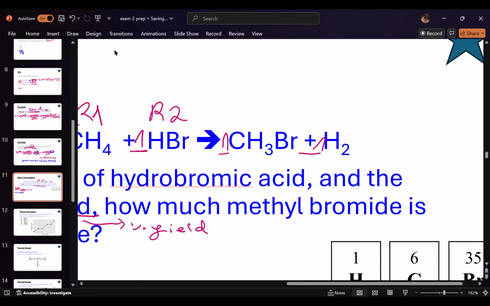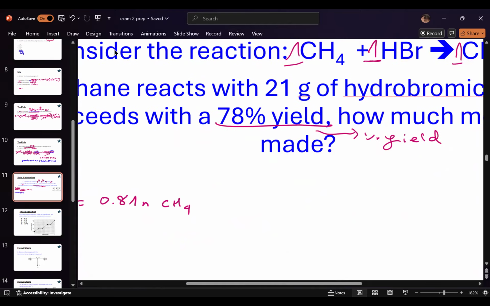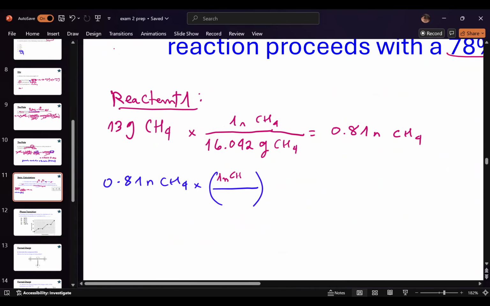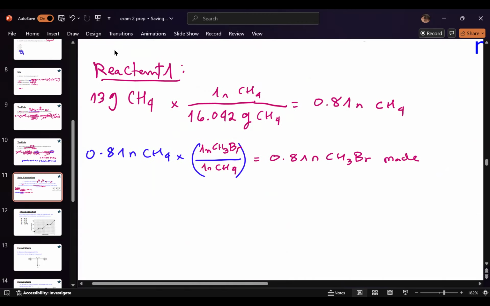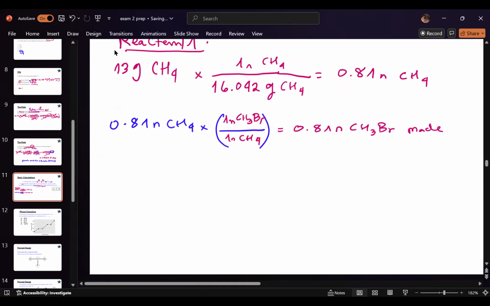Which one do I focus on? Well, what is the question asking you? You can focus on both, and it will still give you the same limiting reagent. But the question is asking for methyl bromide, how much is made, so I'm focusing on that. So CH3Br over 1 mole of methane, and that equals 0.81 mole of CH3Br made.